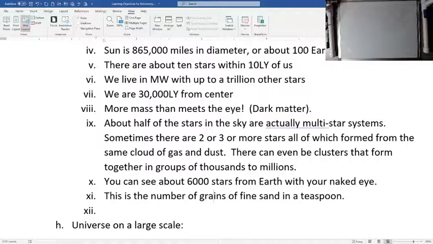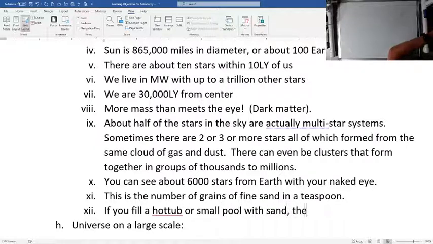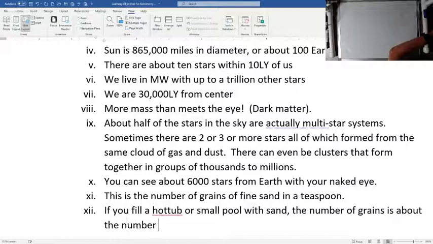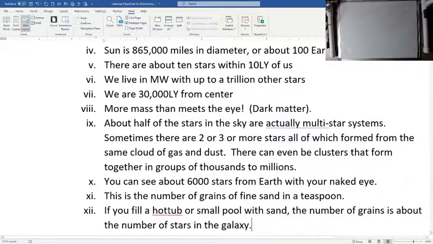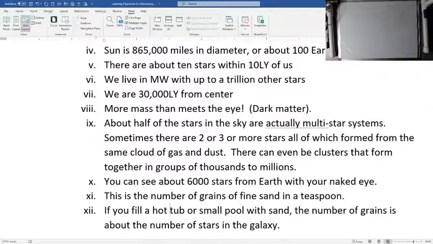It's about, just in round numbers, if you fill a hot tub, or a small pool, with sand, the number of grains is about the number of stars in the galaxy. By the way, that's a few hundred billion.